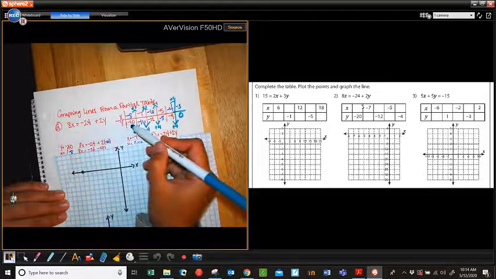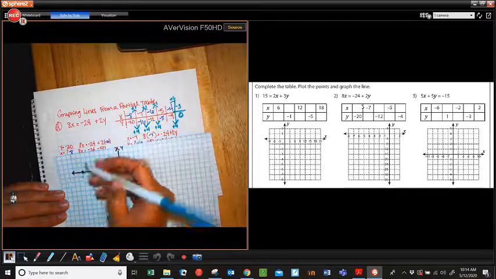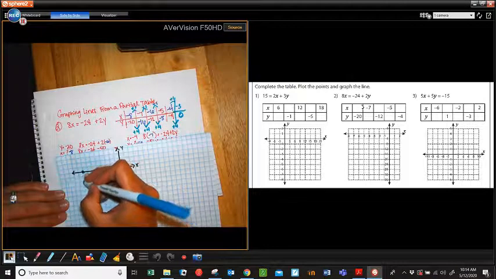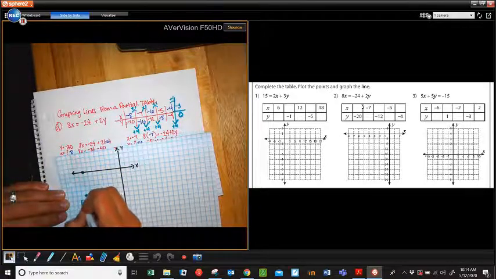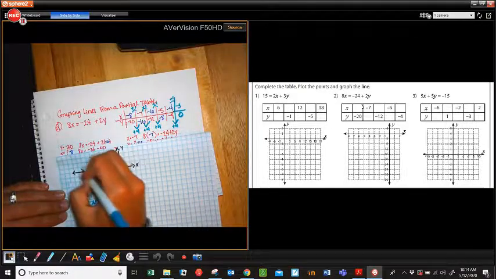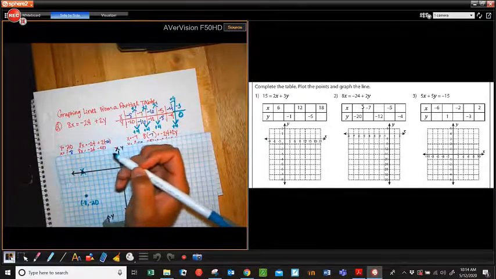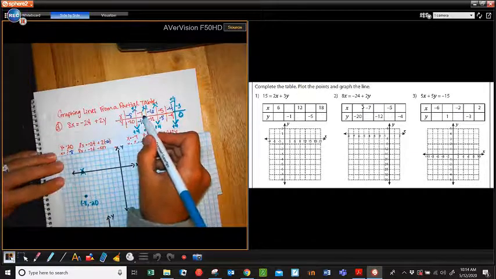And then I go down -20. So remember my y-axis is going by 4, so I'm going to go down 4, 8, 12, 16, 20. And that's my point. I got overzealous on that point. I'm sorry.